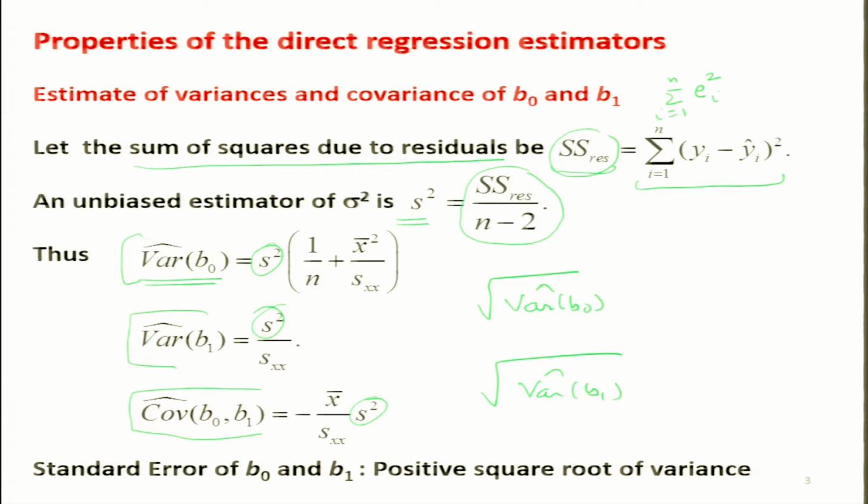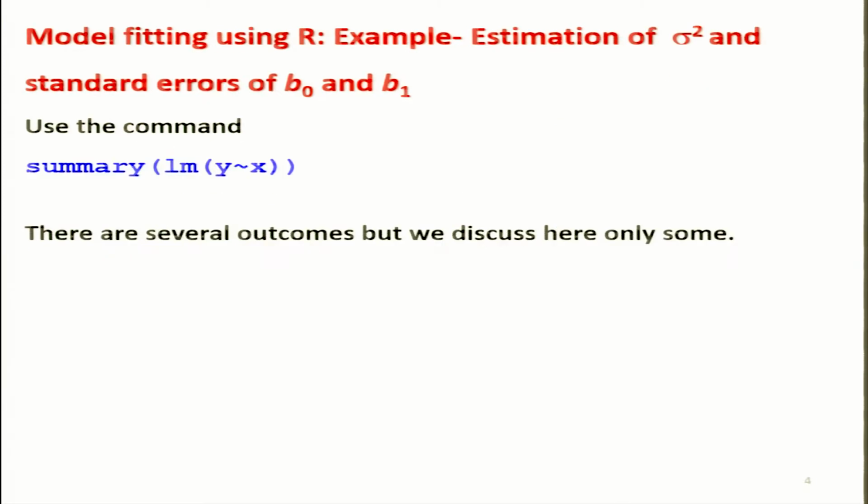So, simply take the positive square roots of the estimators of variances of B 0 and B 1, and that will give us the standard errors. Right. Okay.